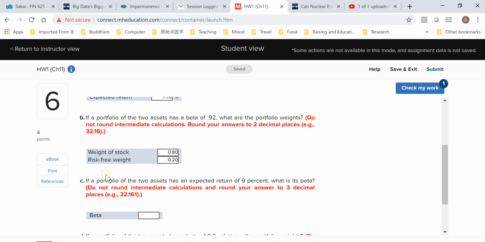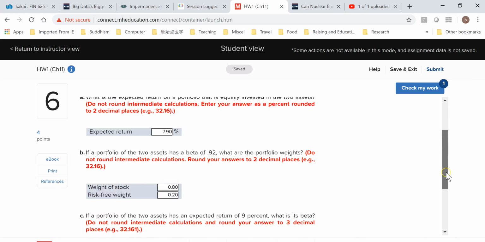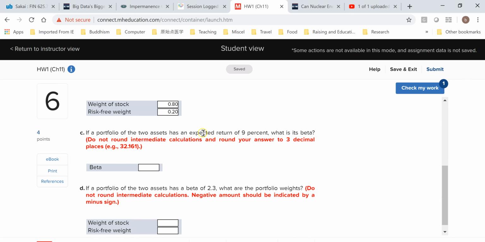And part C: if a portfolio of the 2 assets has an expected return of 9%, what is its beta? So here, we are provided with the expected return of the risk-free asset, and we know the return of the portfolio is 9%. What is the beta?